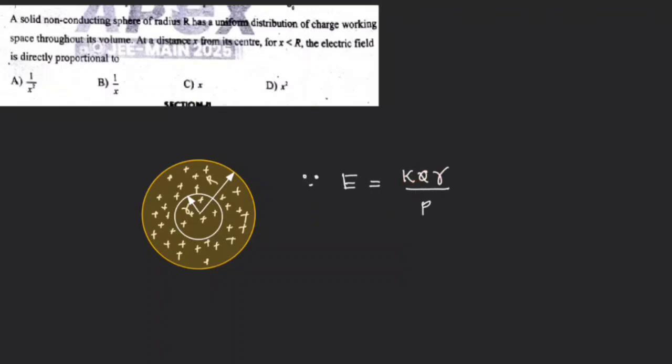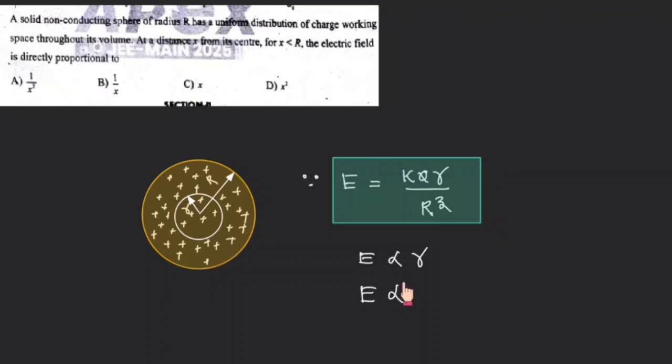This is the direct formula if you remember your electrostatics, so just keep it in your mind to solve this. That is a direct one. So E will be directly proportional to this r, where this r is nothing but x. Therefore E is directly proportional to x. So this one.